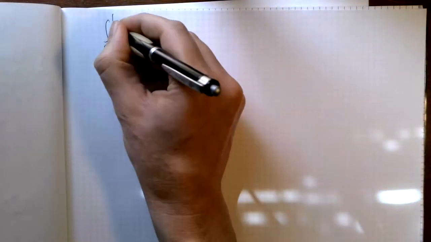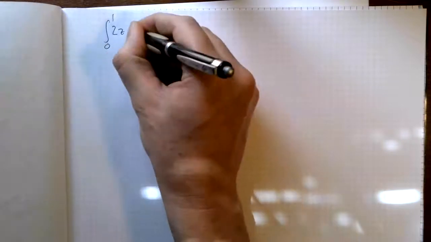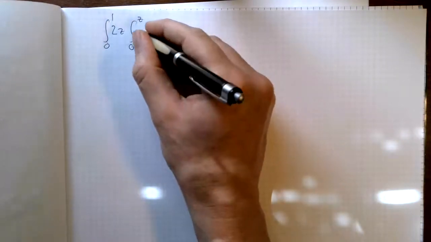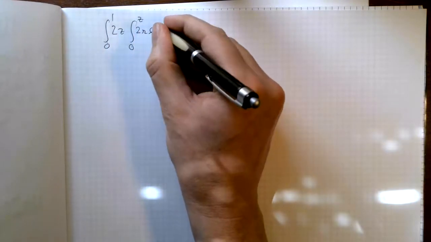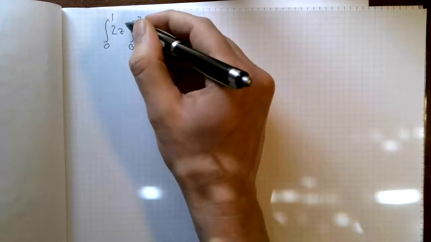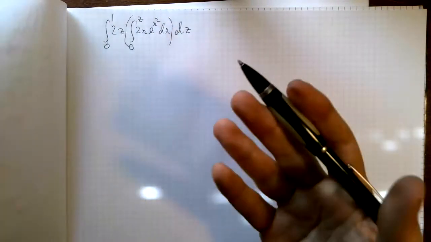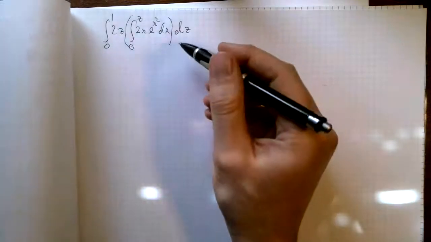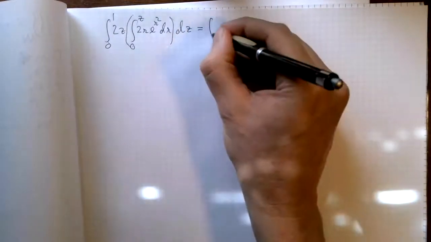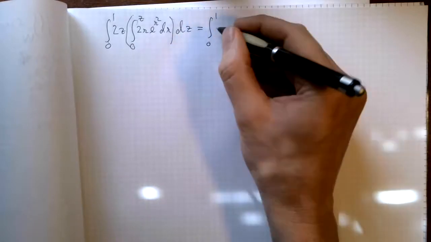So this is the integral from 0 to 1 of z, then 0 to z, of 2r e to the r squared dr dz. Really, this is going to be a function of z.